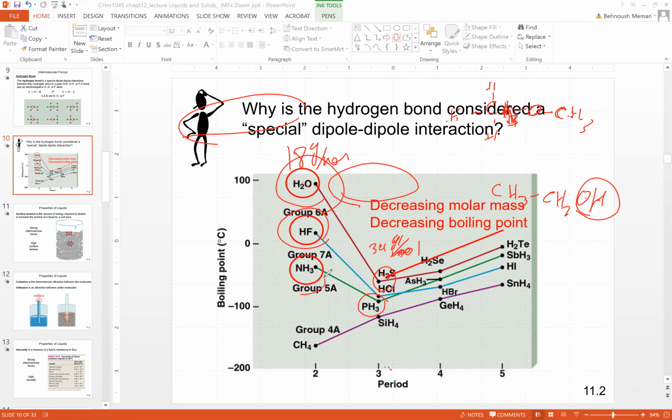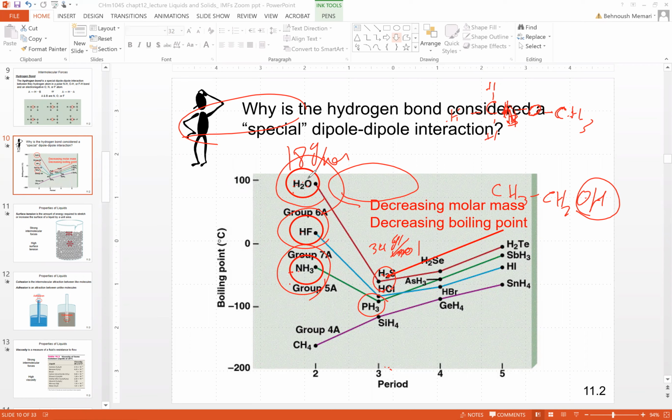Same thing for NH3. Now if we say we have hydrogen bonding for water and we have hydrogen bonding for NH3, which hydrogen bonding is stronger? The difference in electronegativity between oxygen and nitrogen can answer that question.